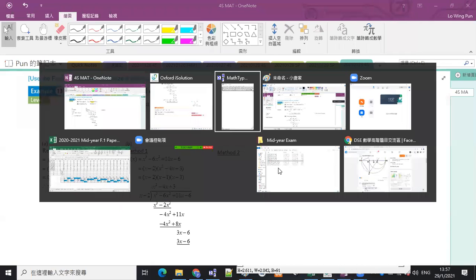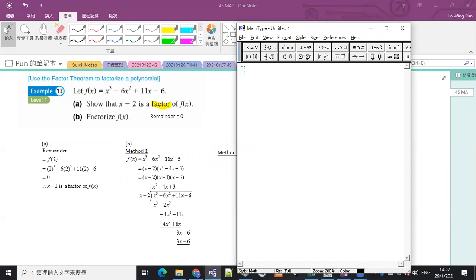Method 2, so f(x) is x cubed minus 6x squared plus 11x minus 6. First, again, it is equal to x minus 2 times a long bracket, right? But now we are not going to use the long division to find the long bracket. Okay. Instead, I know that this is because f(x) is of degree 3.